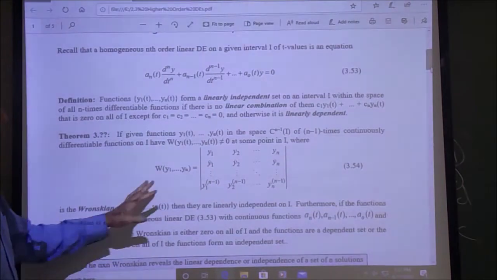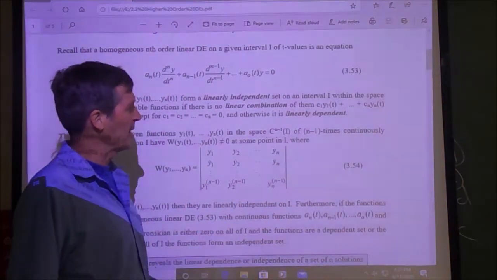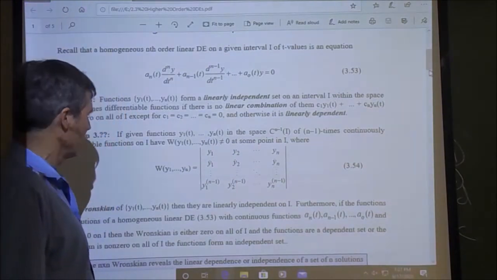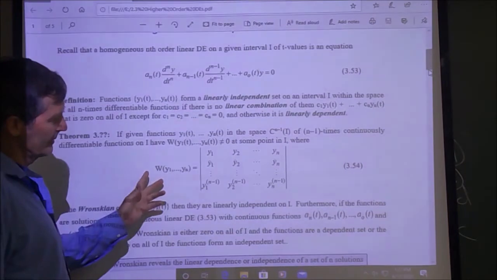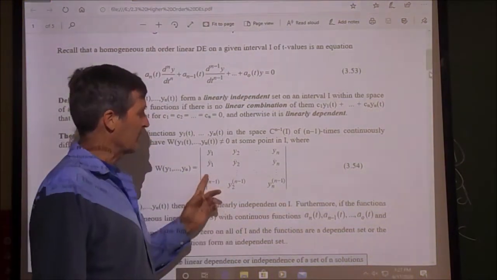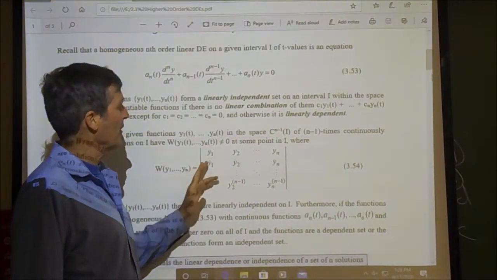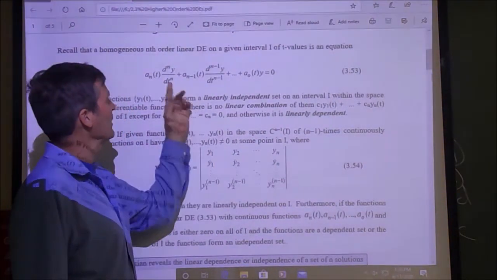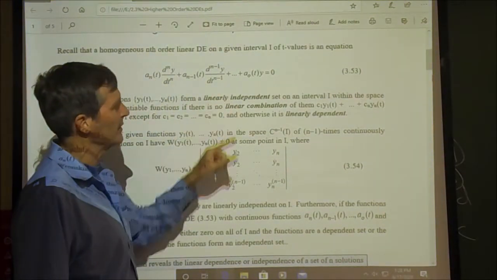So the determinant of these, just remembering what you did for 2 by 2 and 3 by 3 determinants from calculus, can tell you whether the functions are independent or dependent. And Abel's theorem extends to these for the special case that the functions you put in here are solutions of a linear equation in standard form. You divide through by the lead coefficient.